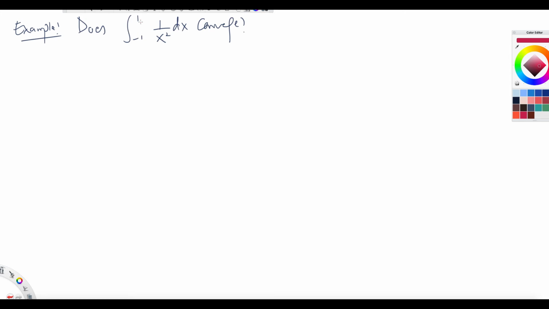Now, if you plug in the upper limit in x, is this infinity? No. If you plug in the lower limit in x, is this infinity? No. But is there anything between negative 1 and 1 that, if you plug in here, makes it infinity?